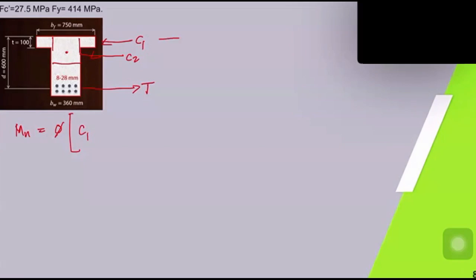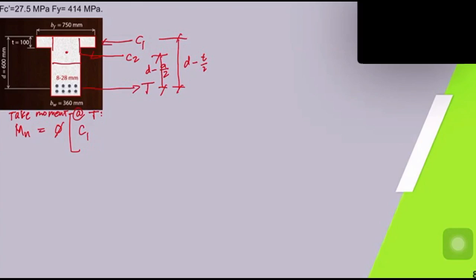Let's take moment at T. So your moment arm from C1 to T is D minus T over 2. Tama ba? And then your moment arm at C2 to T is D minus A over 2, because ito yung T mo, ay yung A mo, yung alpha. Yan kung ganyan ang analysis mo.